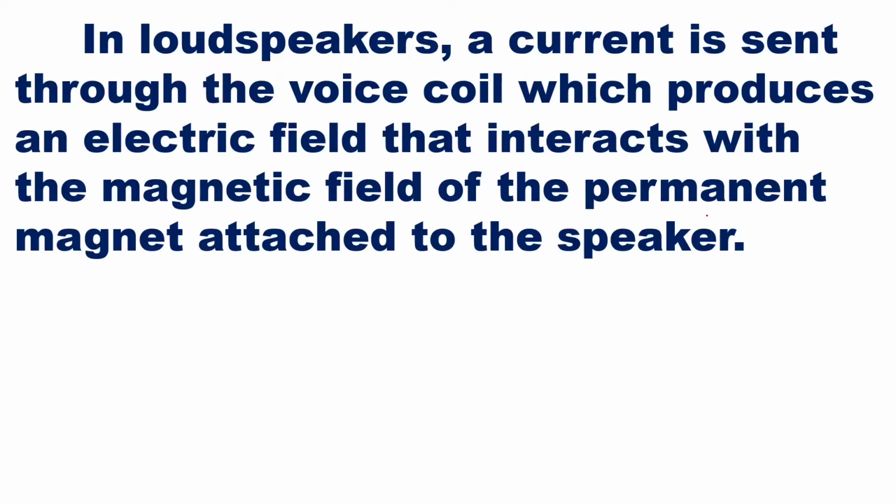In a loudspeaker, a current is sent through the voice coil, which produces an electromagnetic field that interacts with the magnetic field of the permanent magnet attached to the speaker.